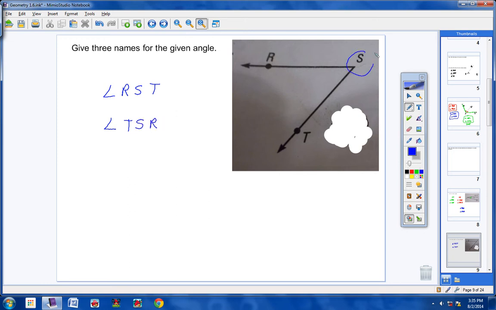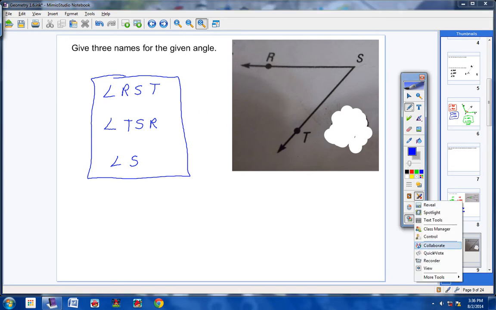Notice S has to be in the middle of both of these names. Now, I can also call this angle S, because there's no confusion about which angle I'm talking about when I say angle S. So, all 3 of these names are names that you could give this angle. Okay, I hope this is making sense. Please take some really good notes on this, and let's continue on.